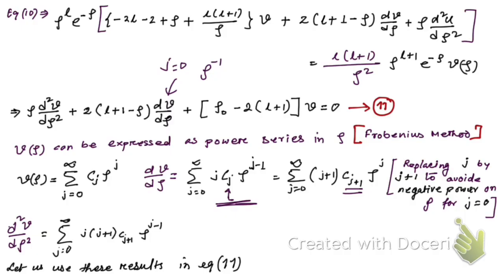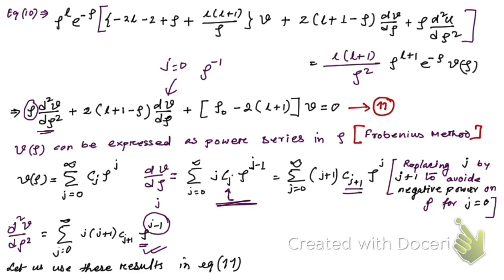And here you may think that here also we have got rho to the power j minus 1, then why haven't we replaced j plus 1 by something else? Because when you put this value here, there is already one rho, and when it is multiplied with this, then it's going to be plus j, right?